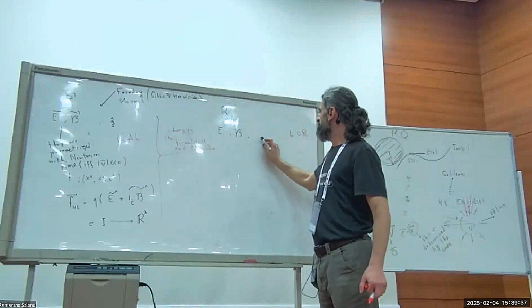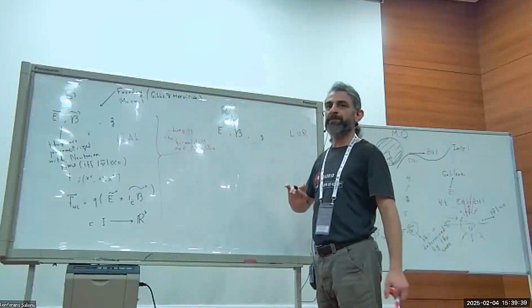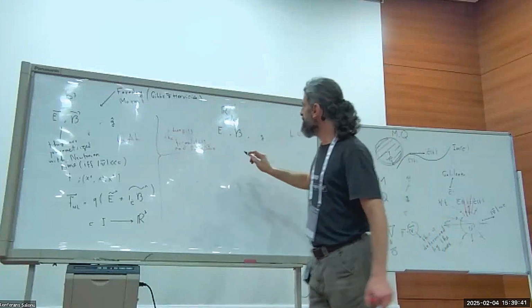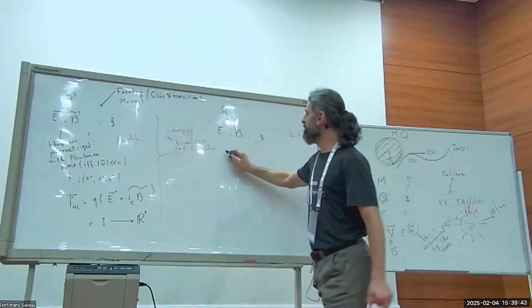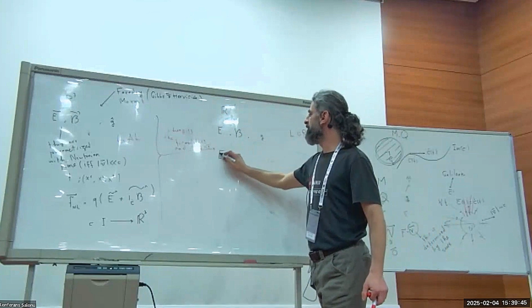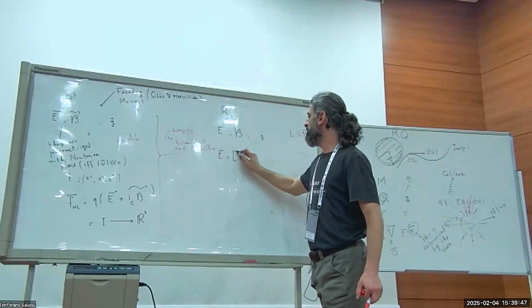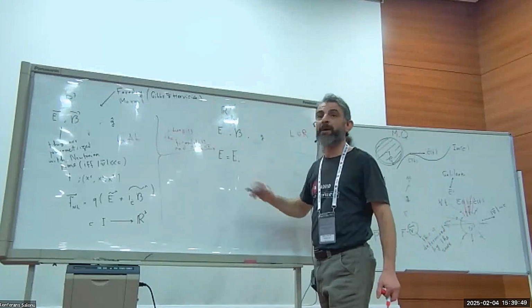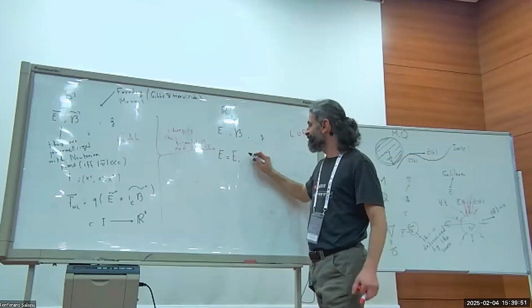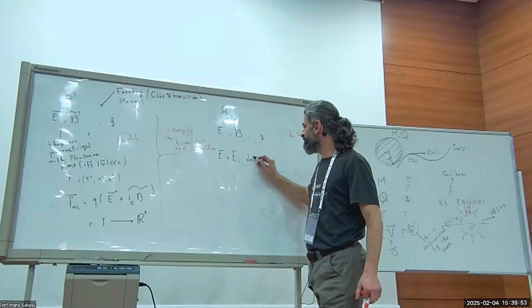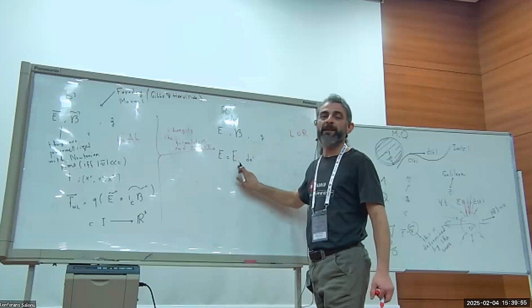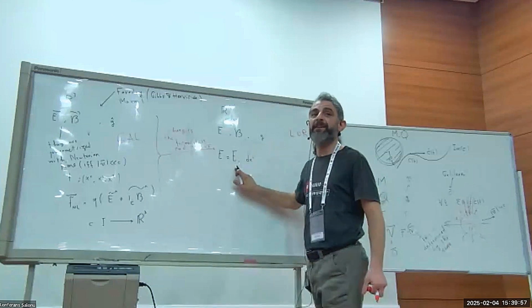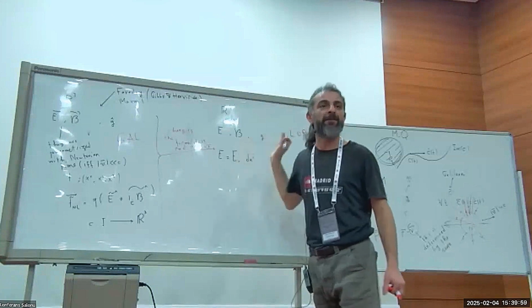So there will be a metric. Now E is again like a one-form, but it isn't, because it does not have any time component.